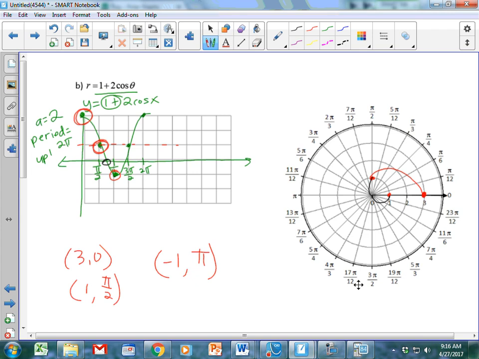And then what's another point we have here? 1, 3 pi halves. So let's plot that one. Where's that? So now what are we going to do? What do you think? Make your loop and come back and get this one. And try to make these as symmetric as possible.